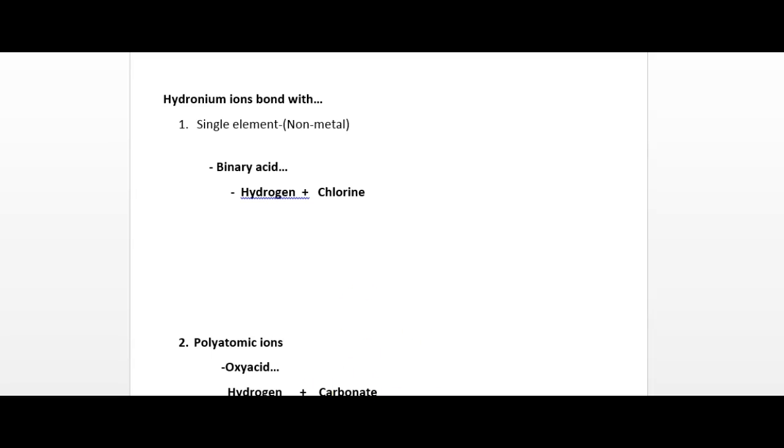What we do is, instead of saying hydrogen, we say hydro. So that takes the place of hydrogen. And then we use this name, chlorine, and we would change it when we're forming a compound. It would be chloride. So if I write that out here.